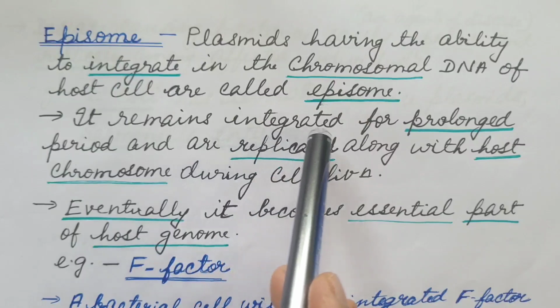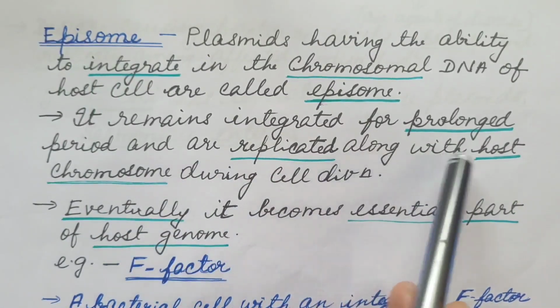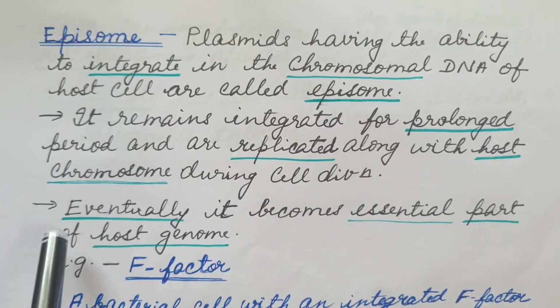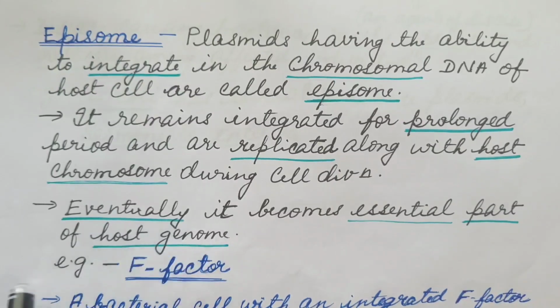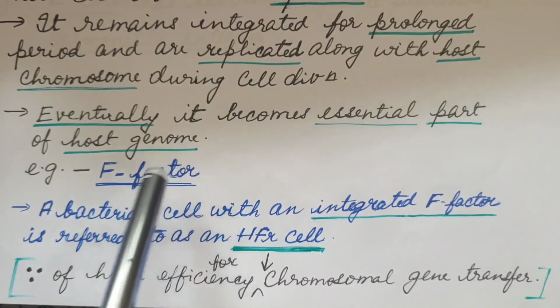It remains integrated for prolonged periods and is replicated along with host chromosome during cell division. Eventually, it becomes an essential part of host genome. Example, F factor.